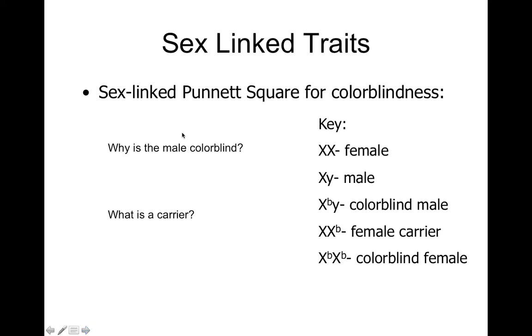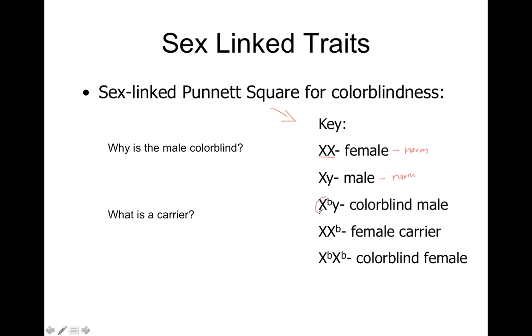So let's take a look. Color blindness is a sex-linked trait. Over here on the right, I have a key for you. This key is telling us that the XX is a female, just like normal, a normal female. The XY is a normal male. Nothing wrong with this male. He does not have color blindness.